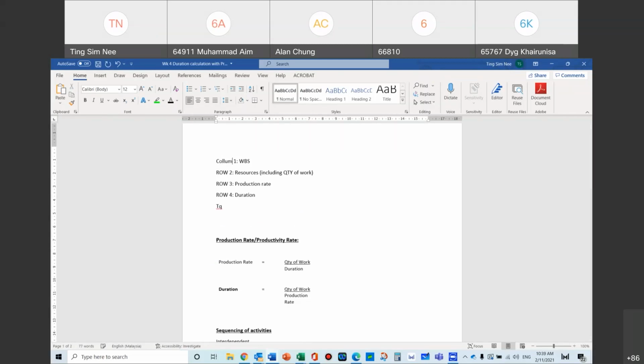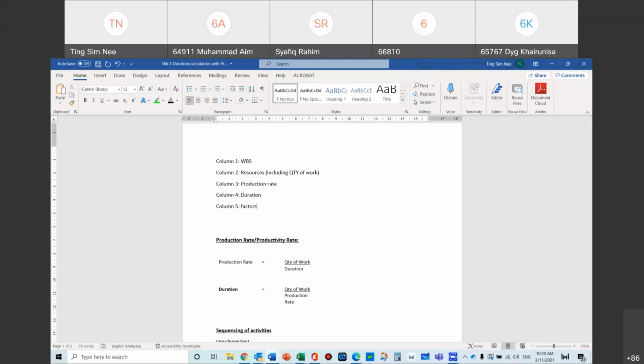How am I doing? It's column, okay. So you will get your first draft of your sequence of activity. I mean, there's sequencing of activity, you're just moving your activities up and down a little bit, yeah?